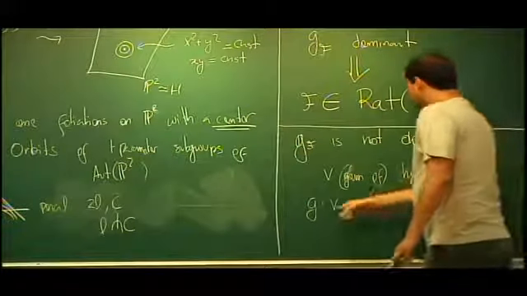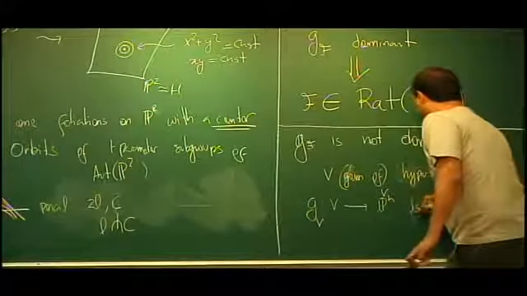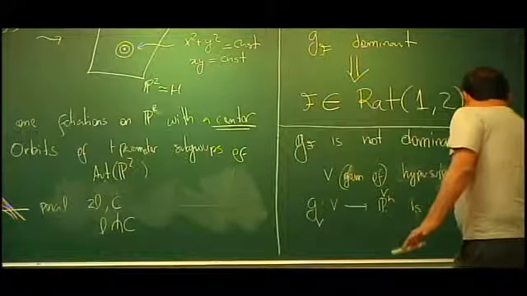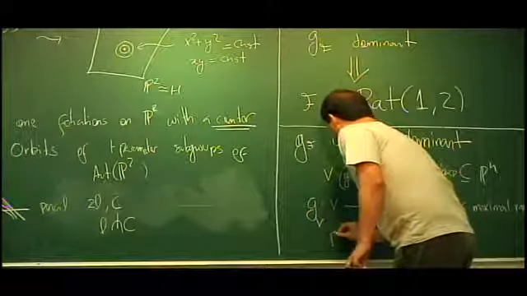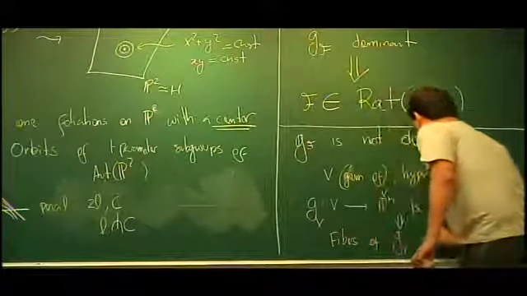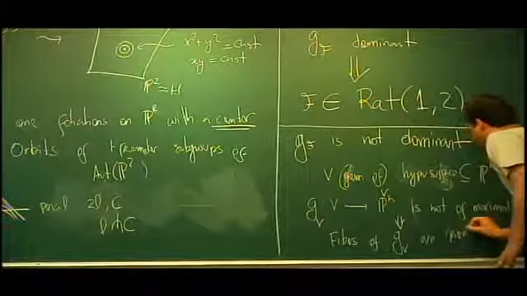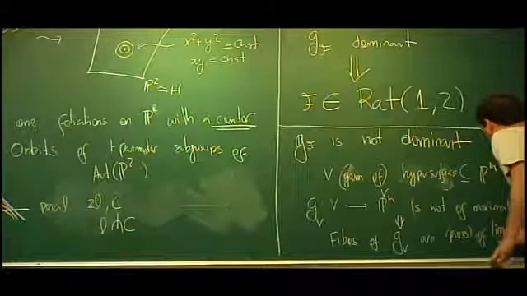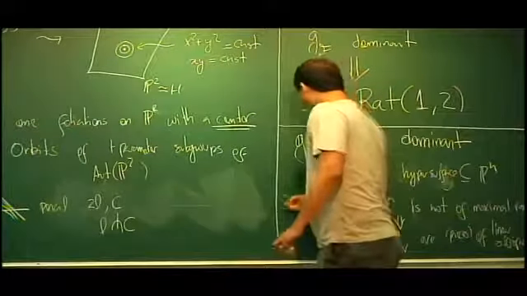And the Gauss map of V is not of maximal rank, meaning that at the generic point it is not of maximal rank. Then the fibers of GV are linear spaces. This is a result due to Segre.